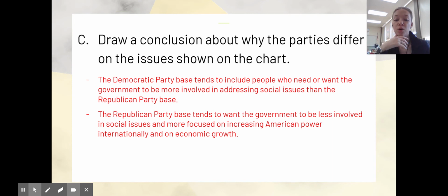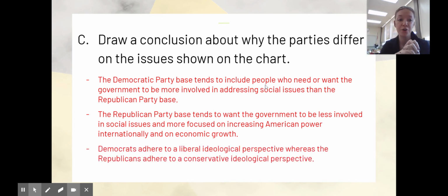The Republican Party tends to want to focus on increasing American power internationally, as a result, wanting to increase funding for the national defense, focusing on terrorism and the war on terror as the most important issue facing America, right? Just to show the reader that you know the difference in ideology between these two parties.